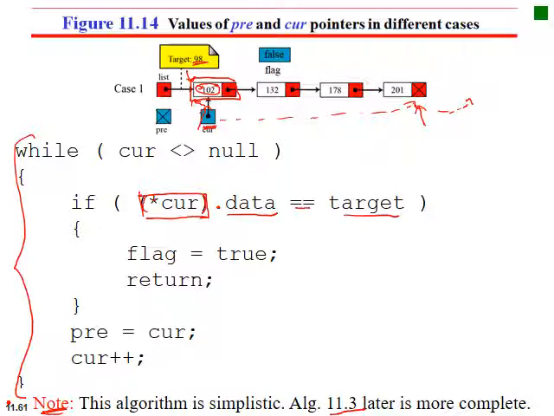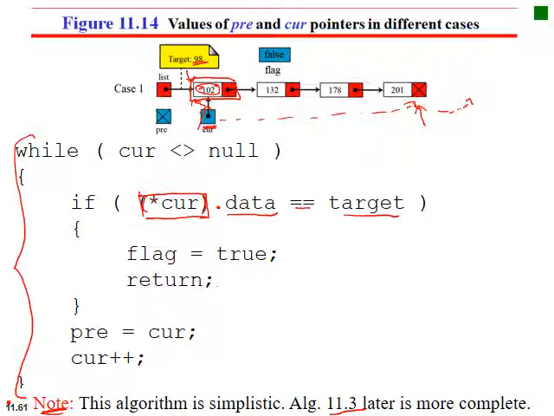Now, technically, we could make this algorithm better by stopping the search here, but to keep it simple, to see how it continues searching through the entire list, basically, if this was equal to the target, it would have set the flag to true. But the flag remains false in this case, and then it would return.